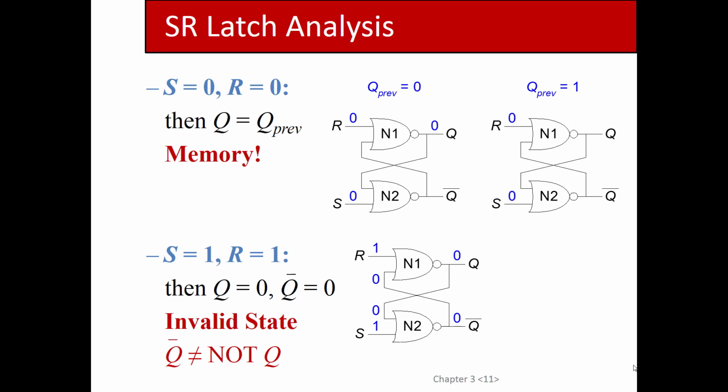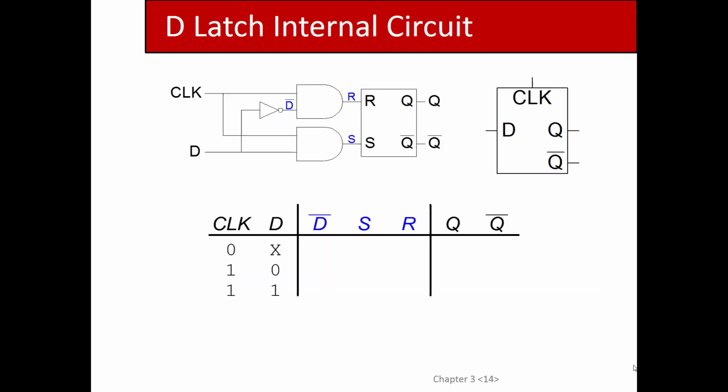They're stable, in constant agreement. It's like saying, I'm going to invert you, and you're going to invert me, and you just end up in this. You capture the data inside that inverter ring. And the 0, 0 is what you'll get whenever the clock is 0, because you're using the AND gates to basically zero out S and R whenever clock is low. So by having clock low, you drop the gate and you capture whatever was previously in there, right?